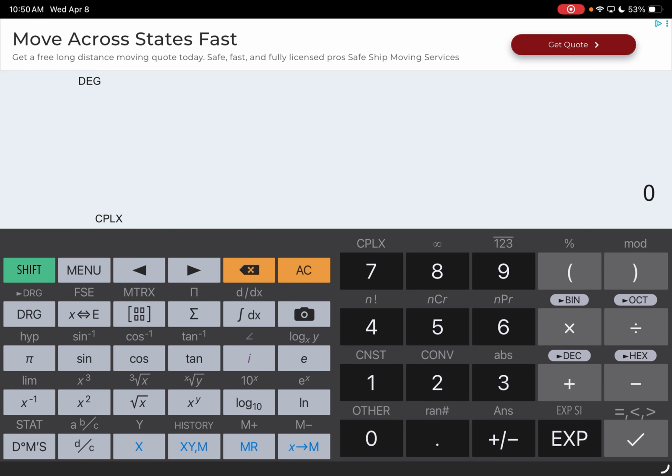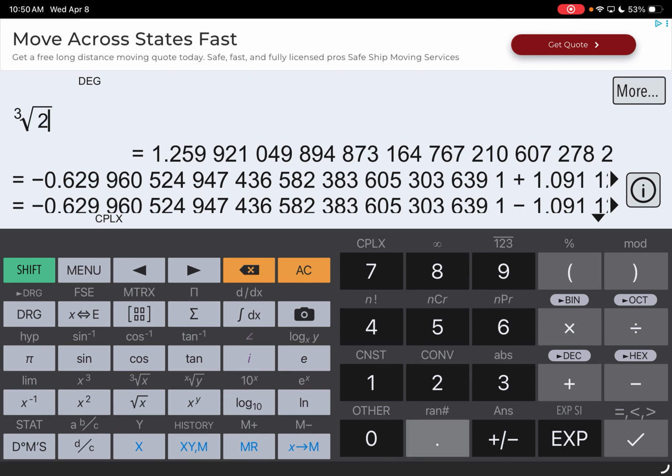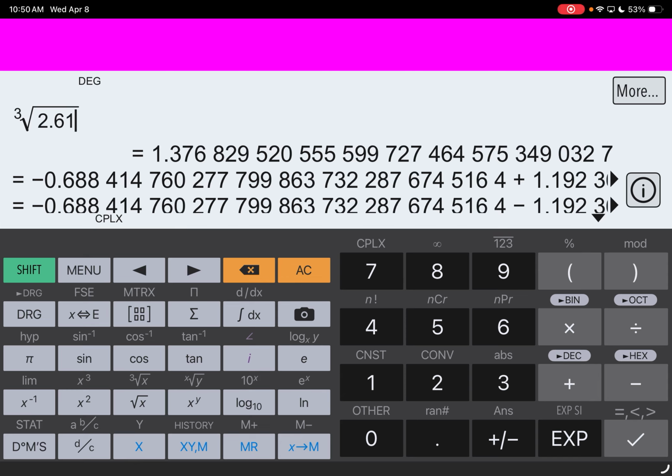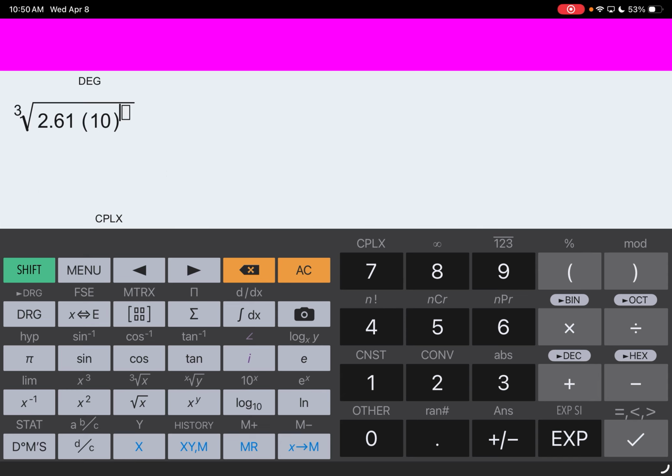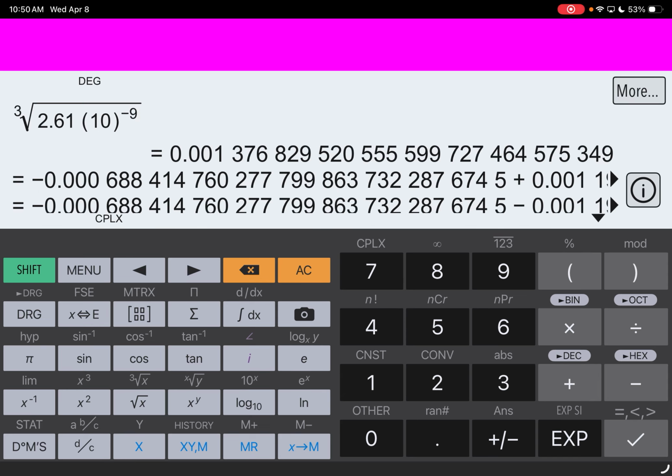So then you would type in 3, this button, and then whatever it was, 2.61. So I'll do it that way. 3, this root, 2.61 times 10 to the negative 9th. These two are no good because they're negative. So that one up top is the only one that's valid.